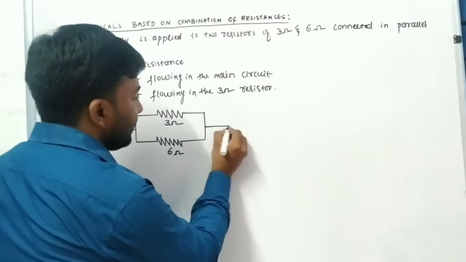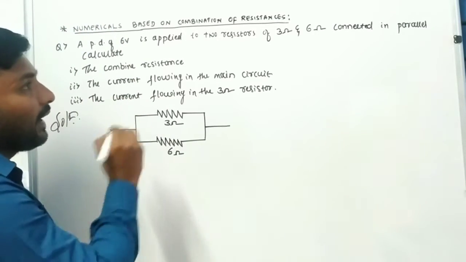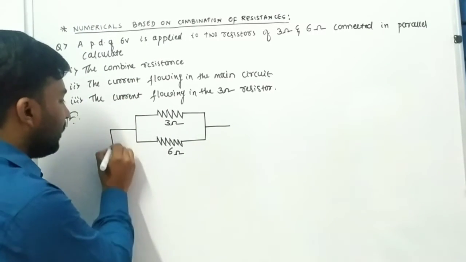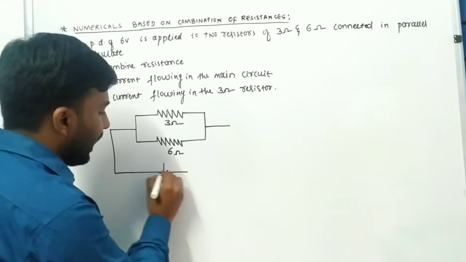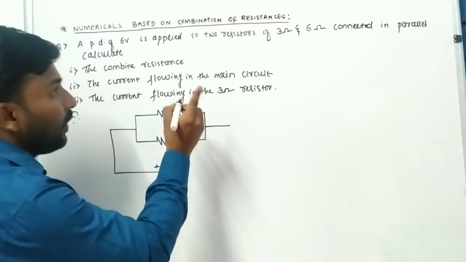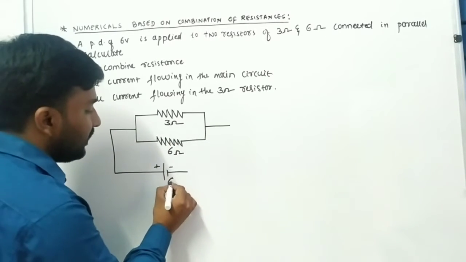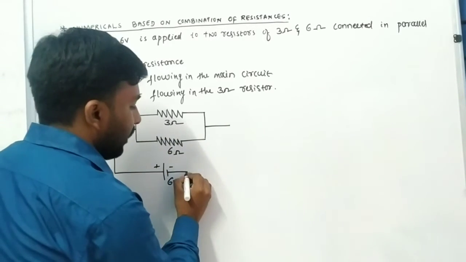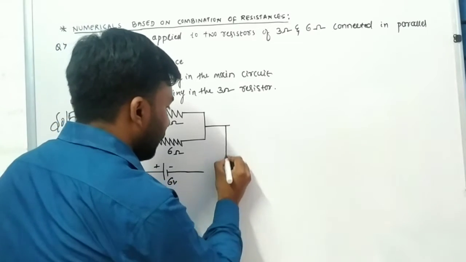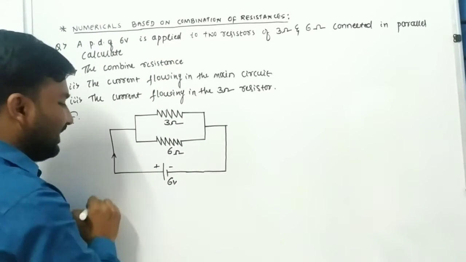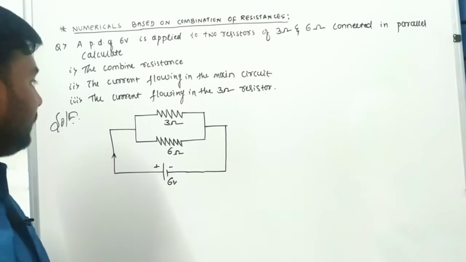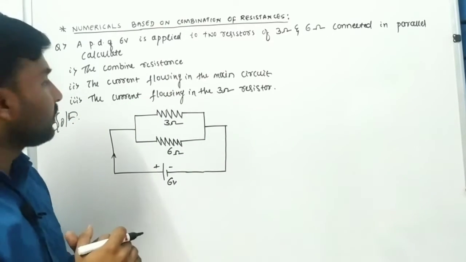These two resistors are connected in parallel, which is having the potential difference 6 volt. Okay, so this is the circuit diagram they have given in words.